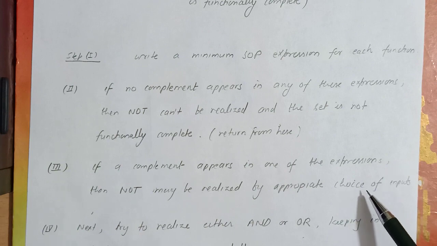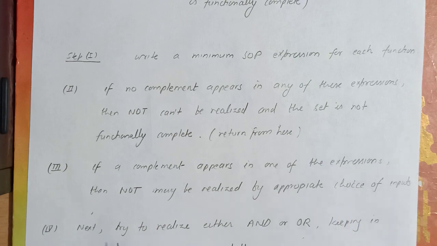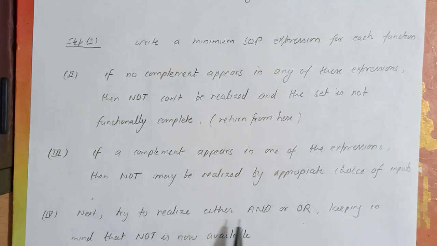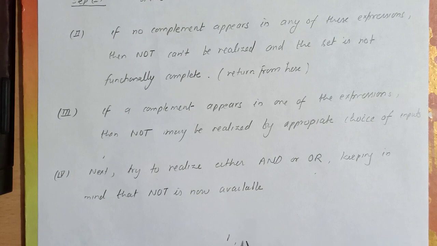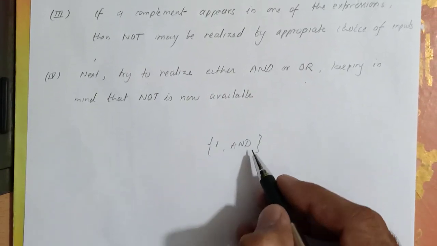Okay, so firstly we will try to realize the NOT gate. If the NOT gate is realized, then we will try to realize either AND or OR, remembering that NOT is now available. If any one of them is realized, so we have realized NOT and AND, then this set of operations is already functionally complete.